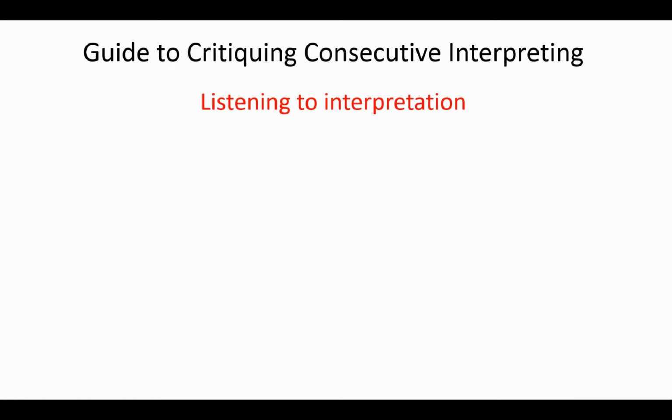Now, when we actually do the critique, first of all, you're going to listen to somebody do an interpretation. That's what you're going to do today. We'll be in groups, and altogether you will listen to a speech of some sort, and then one of you will give an interpretation.